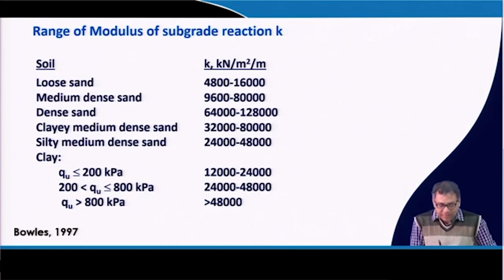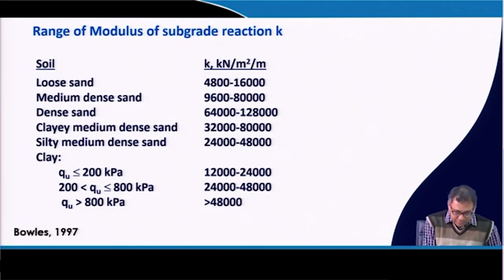Now, these are some ranges of subgrade modulus for different soils, from loose sand to clay. So, this is the range that you can also use for your analysis if you do not have the actual subgrade modulus value for a particular soil. And qu is 2 times cu.